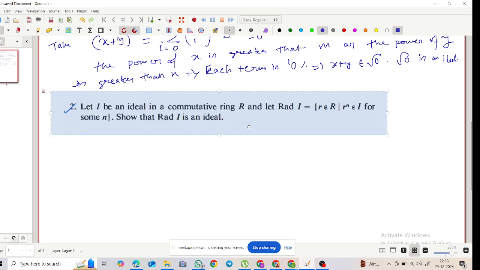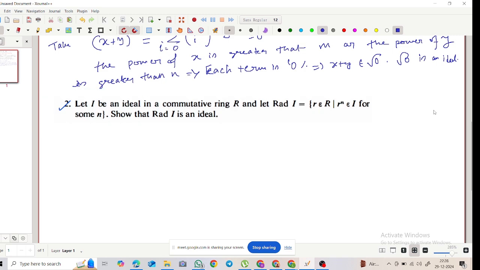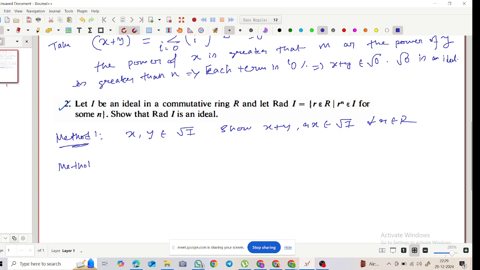Method 1 is like this: you take x, y belonging to this, and then show that x plus y and rx belong to this for all r belonging to R. You can of course do it that way, but we are going to use problem 1.